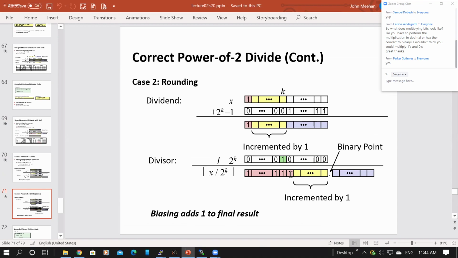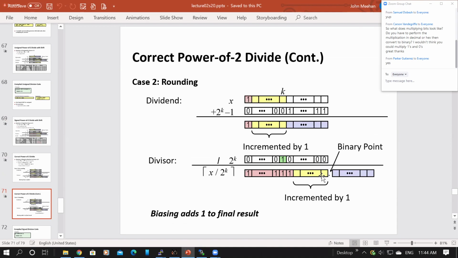So it's only ever going to affect this last bit that shows up after you do the shift. The incremented by 1, this guy ends up over here, right? You see how to do the biasing to get the rounding to work properly to simulate division by a power of 2 of a signed entity.